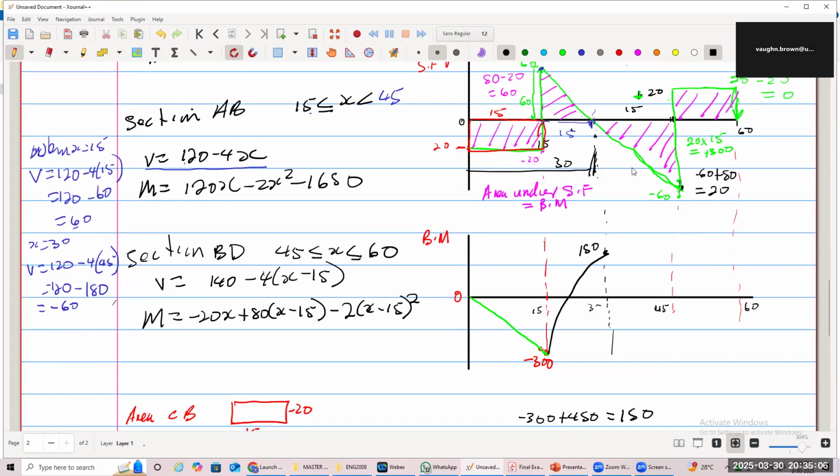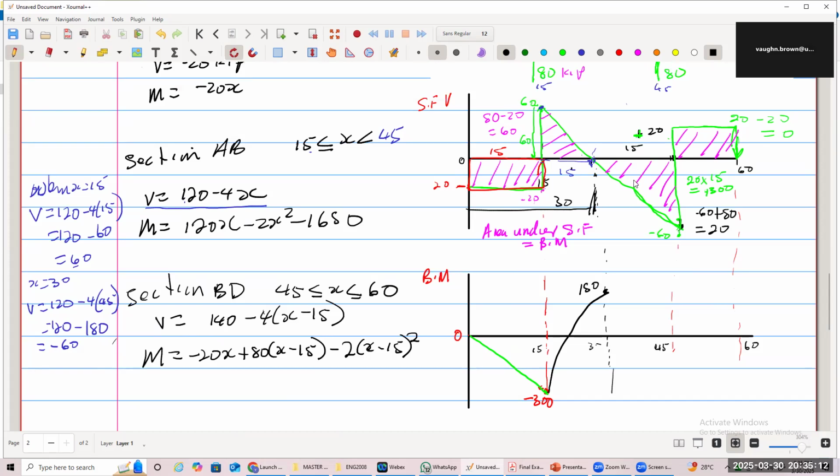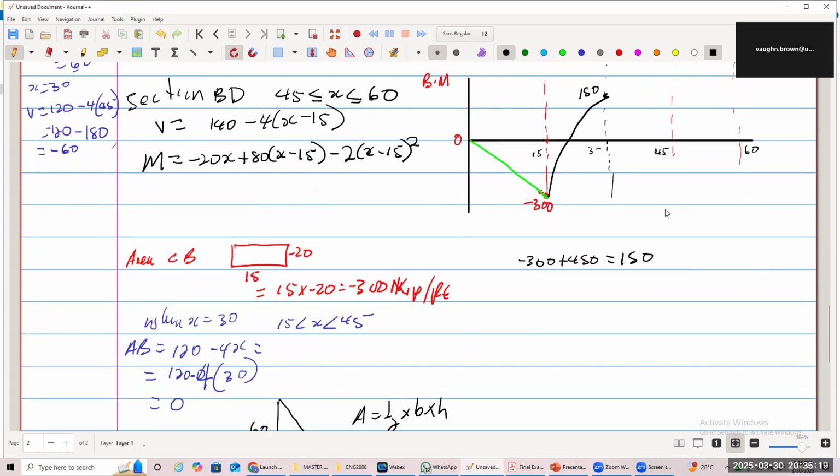All right, so the next one, this is also going to be what? What is this value here? Can somebody tell me the next triangle? It is also going to be 450, but it is negative 450. So it is positive 150, negative 450 and 150. How much do you get here? The minus 300.